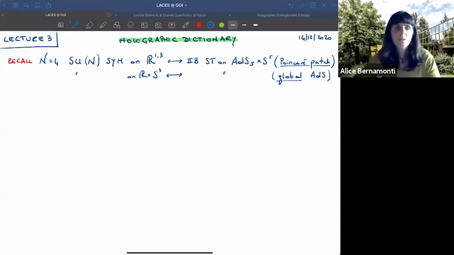Of course, we won't be able to be exhaustive, but we will review the main fundamental entries of this dictionary, and some that we will need for the rest of the course.